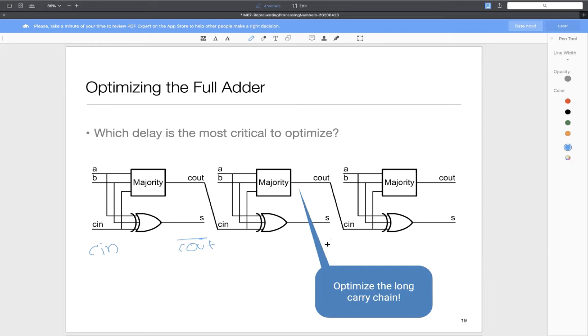So this is C in coming in, this is C out 1, and then C out 2, and then C out 3 invert. So we alternate between positive and negative so that we avoid an extra inversion in the middle, because it's costlier to do positive logic than complementary logic.